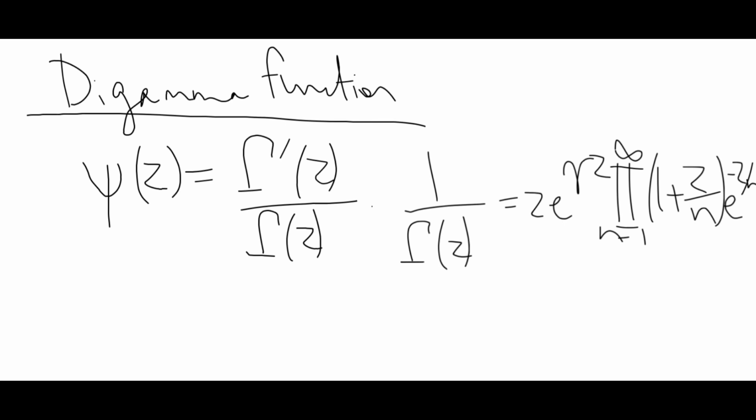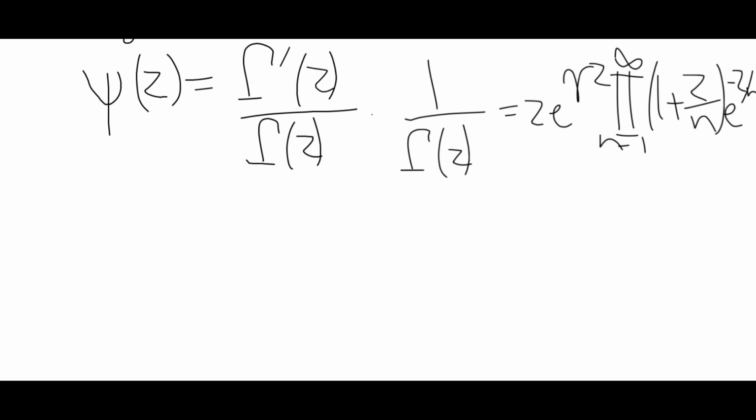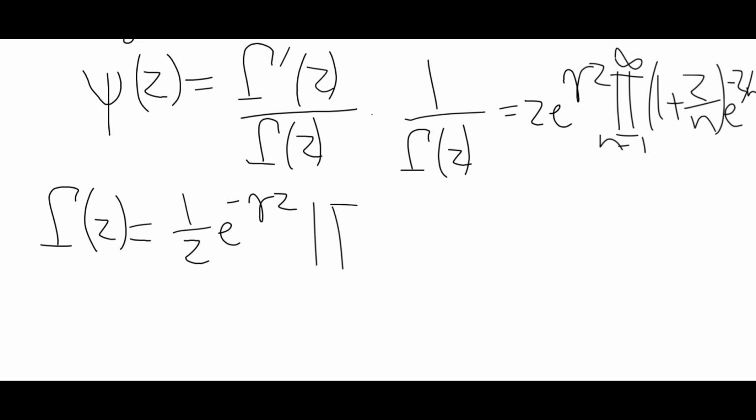Okay, so if we take reciprocals, we can then take the logarithmic derivative. So gamma of z is 1 over z e to the minus gamma z times the product of 1 plus z over n inverse e to the z over n.